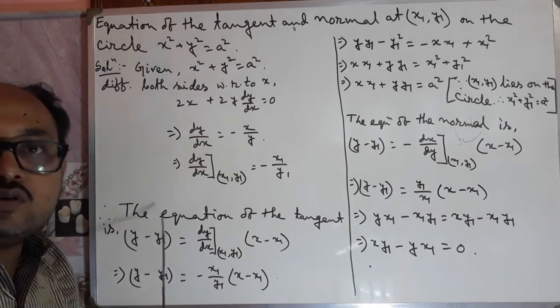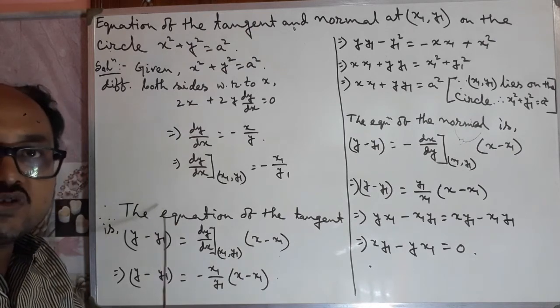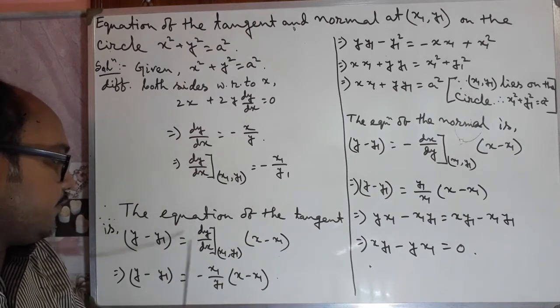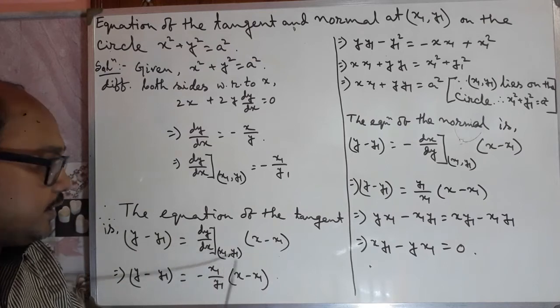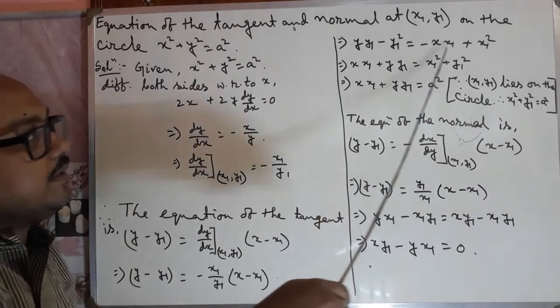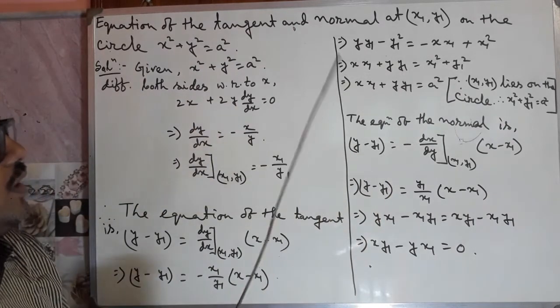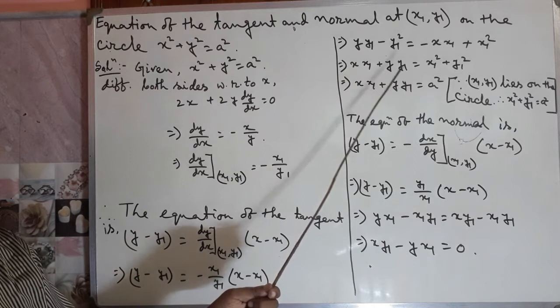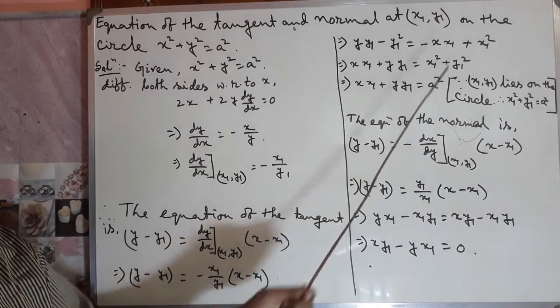So what is the equation of the tangent? We know y minus y1 is equal to dy dx at the point x1, y1 into x minus x1. Putting this in, and by cross multiplication, we get x x1 plus y y1 is equal to x1 square plus y1 square.